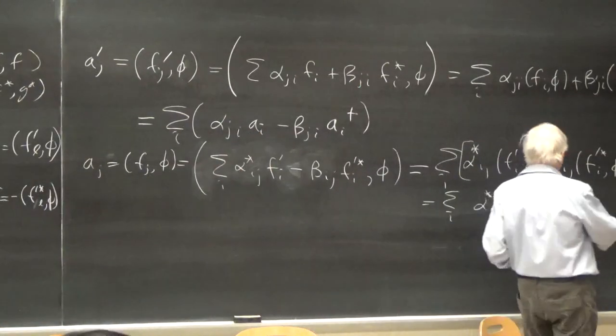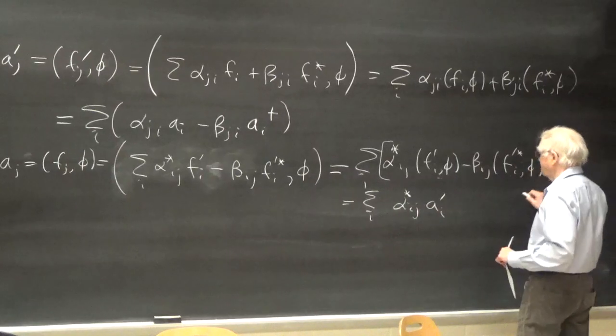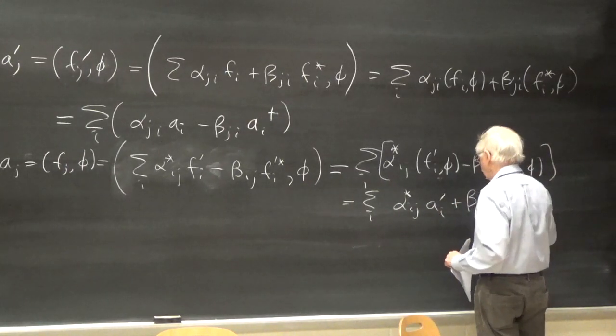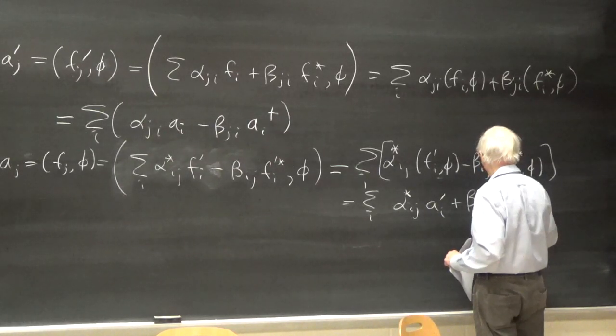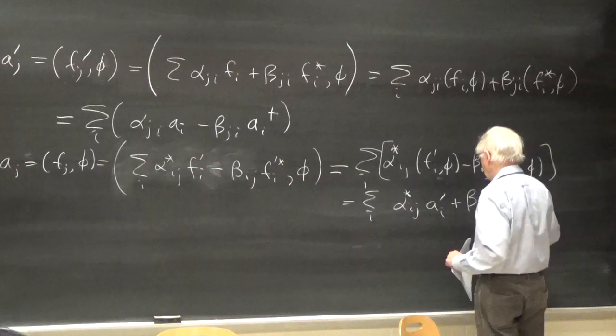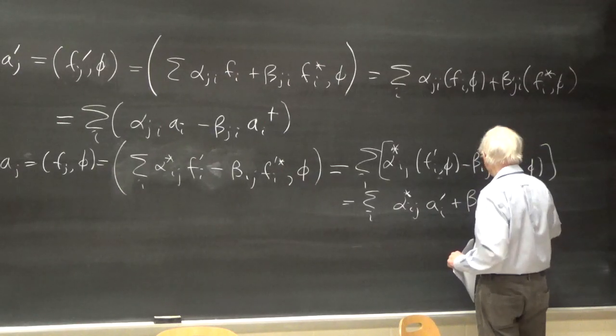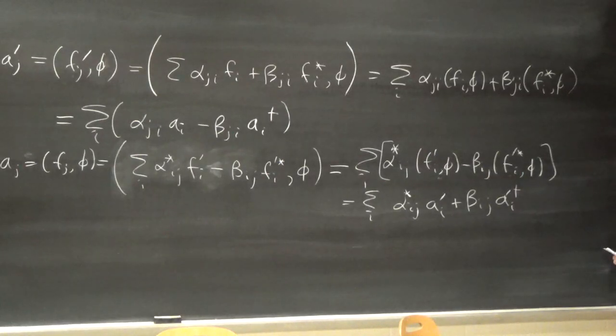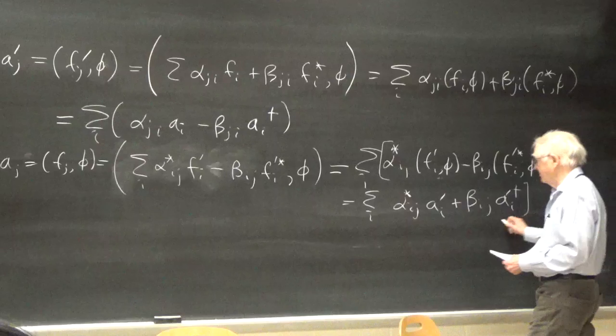So here we have minus f prime star with the field. So that's plus beta ij a_i prime dagger. And fortunately, that's what it says in the notes.